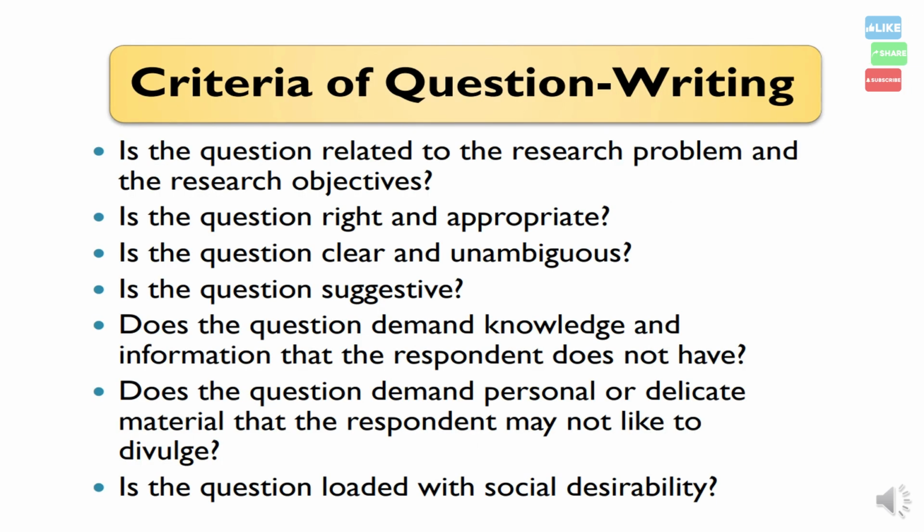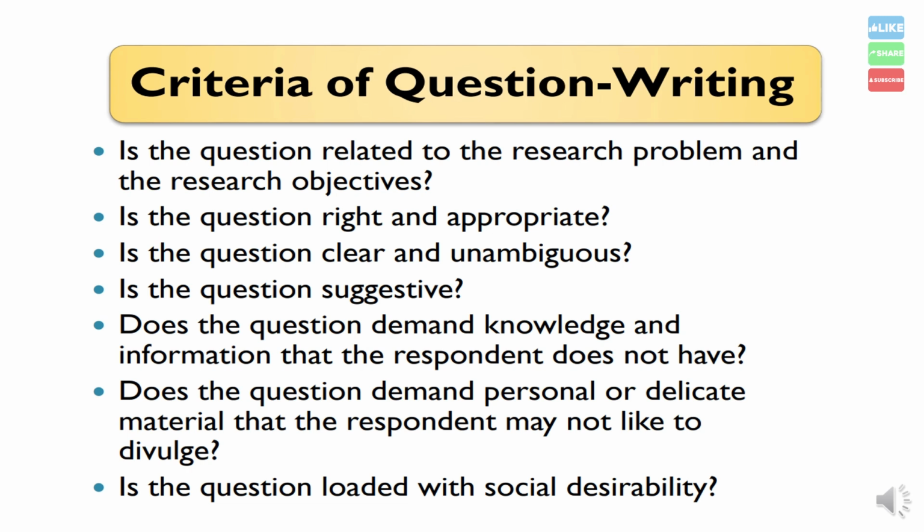Now, what are the criteria of question writing? Is the question related to the research problem and the research objectives? The second is, is the question right and appropriate? Is the question clear and unambiguous? The next is, is the question suggestive? Does the question demand knowledge and information that the respondent doesn't have?